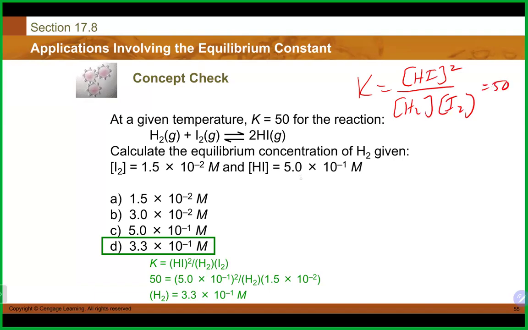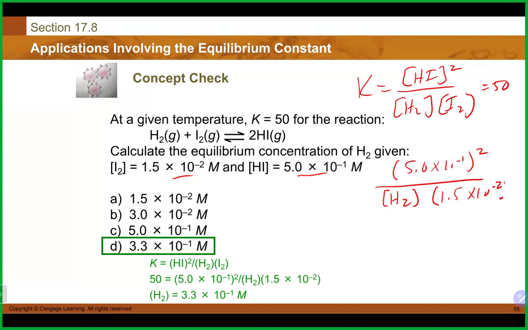If these are equilibrium concentrations, we put them in as we did down here. So our HI is 5 times 10 to the minus 1, squared, divided by the H2 that we're looking for, and our concentration of I2, which is 1.5 times 10 to the minus 2.